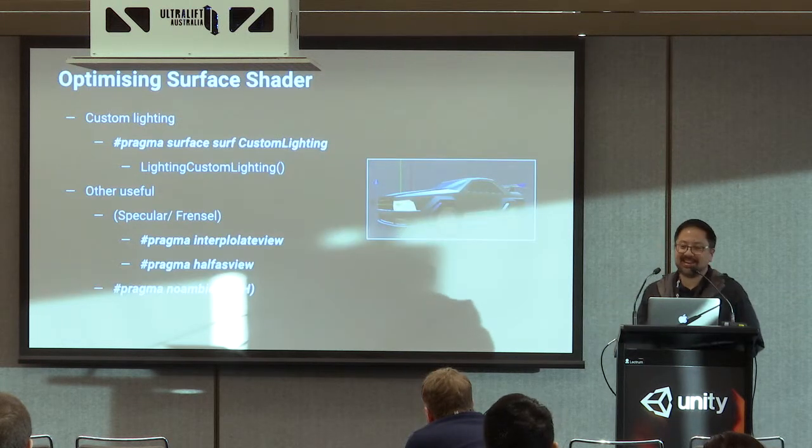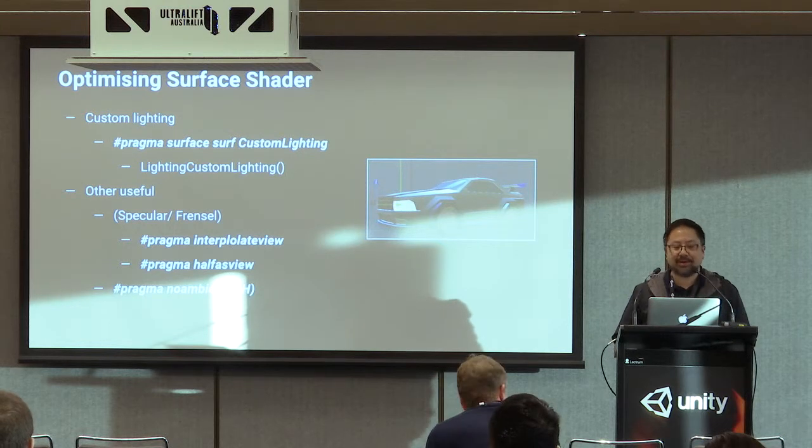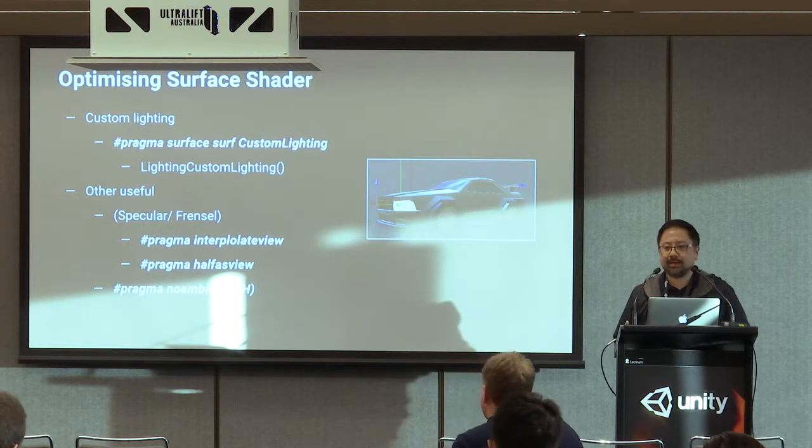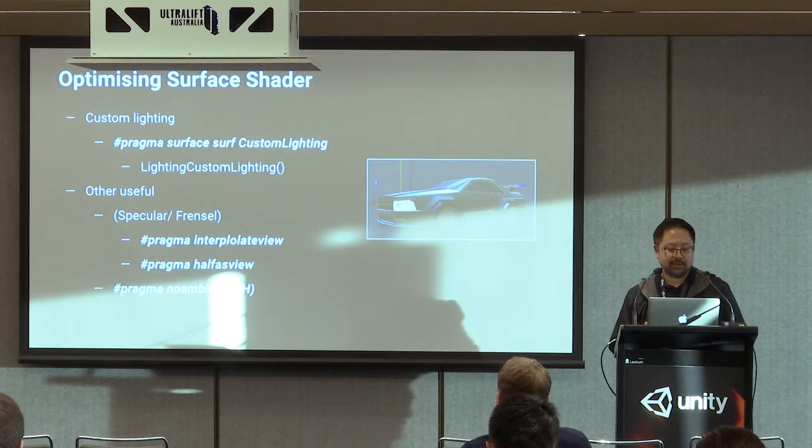You can optimize a surface shader too. One thing Unity lets you do is use your own custom lighting. If you put something like pragma surface with custom lighting, you can write a function called LightingCustomLighting, and Unity will look for that function and use it to compute the lighting.